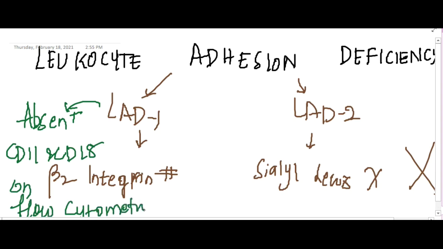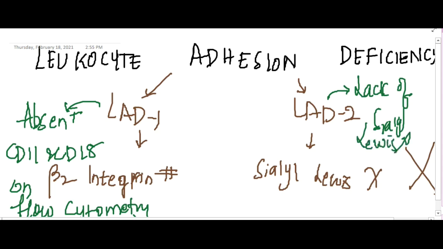Type 2 can be diagnosed by lack of sialyl Lewis X on neutrophils. Okay, so this is about leukocyte adhesion deficiency.